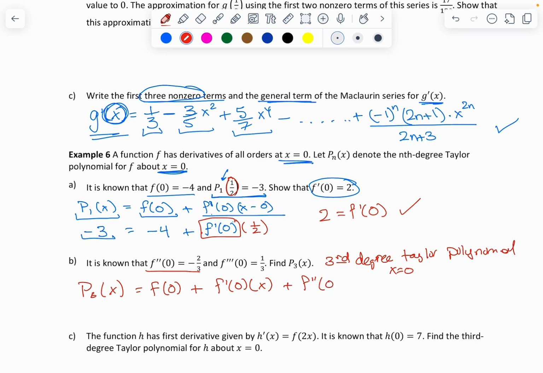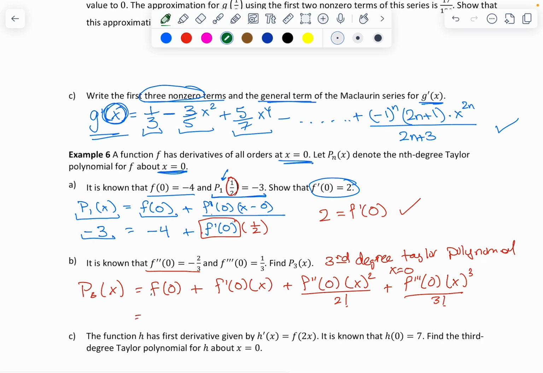Plus f double prime of 0 times x squared over 2 factorial plus, we want to go all the way to the third degree, so f triple prime of 0 times x cubed over 3 factorial.